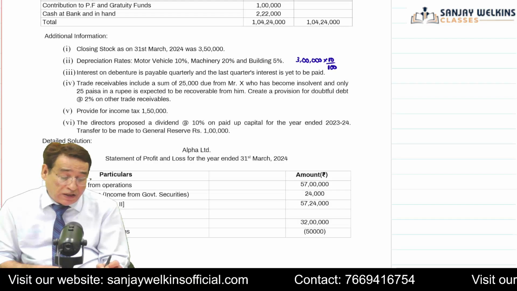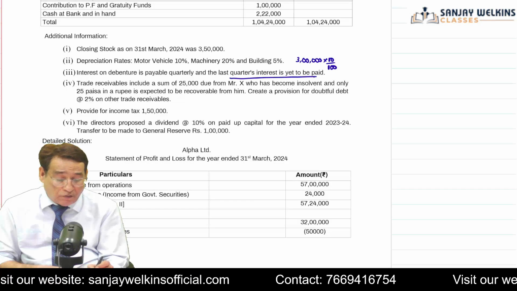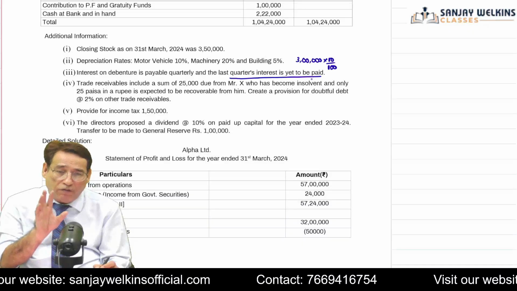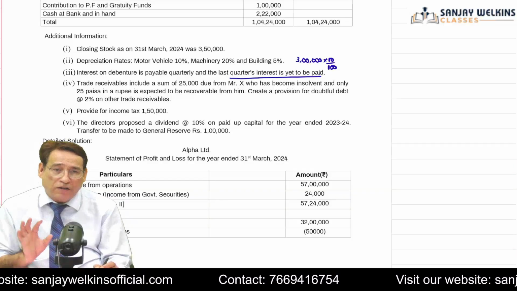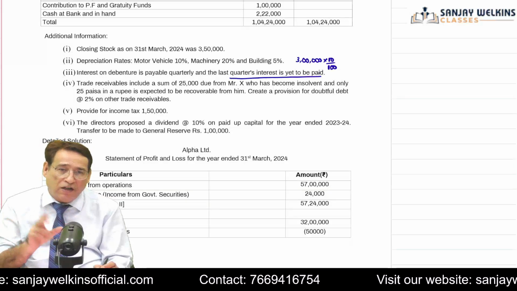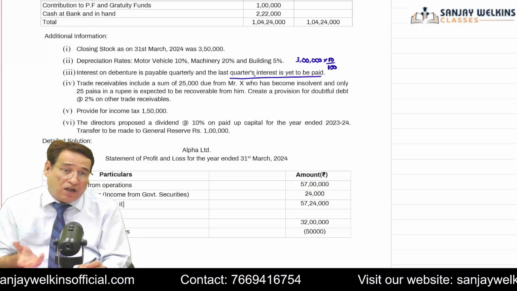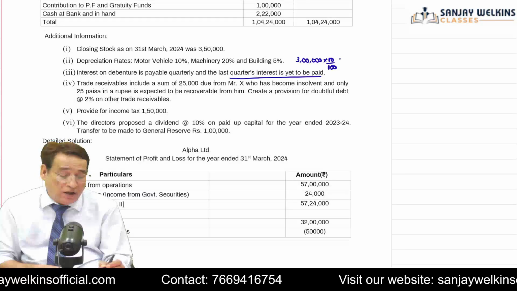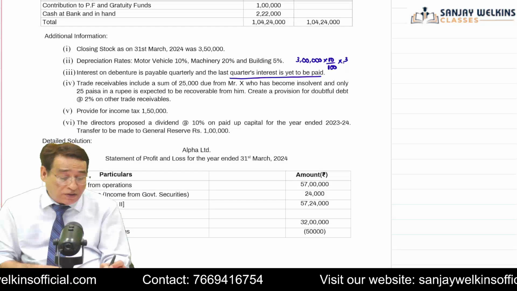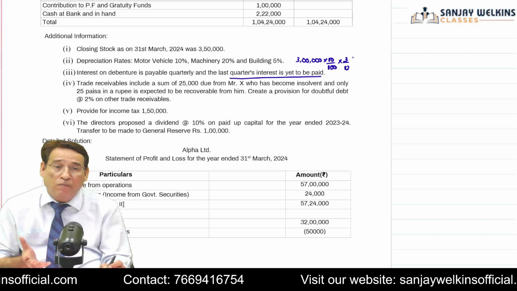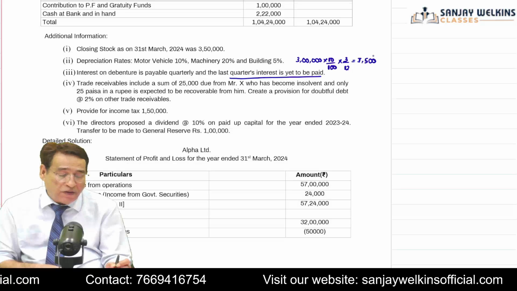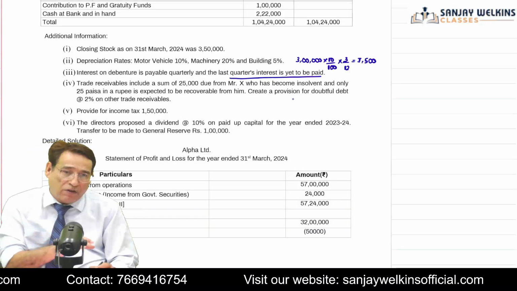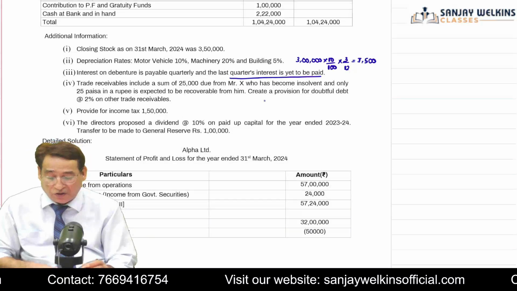The question says last quarter's interest is unpaid. One quarter comprises 3 months. Is it clear to you? There are 4 quarters in an accounting year. So last quarter means 3 months' interest is due. If I compute this, it will come to 7,500 only. So that means 7,500 worth of interest on debenture is outstanding, which we have already extracted.